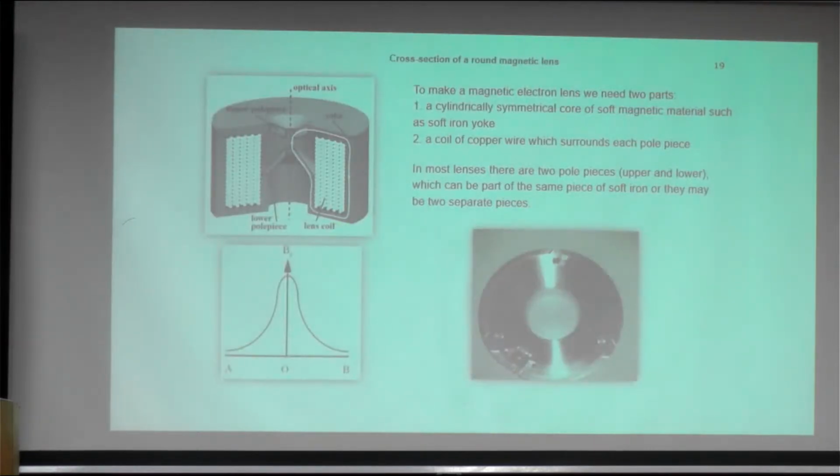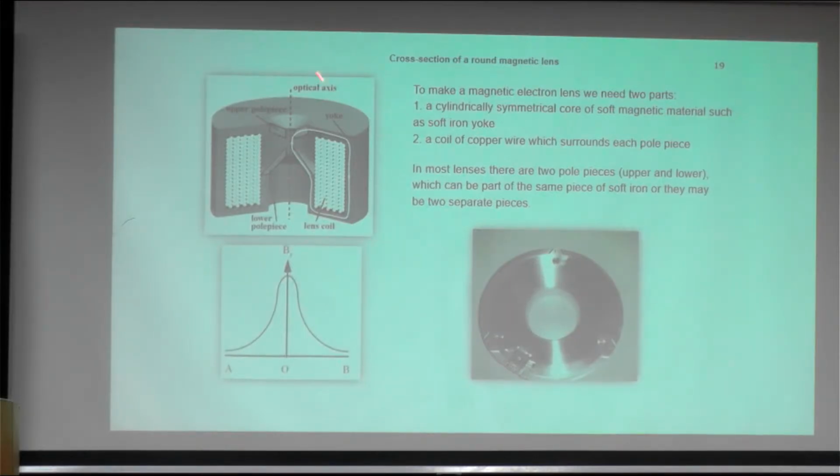So the electromagnetic lenses, how to make them? They mainly consist of two parts: a cylindrically symmetrical core of soft magnetic material, such as a soft iron yoke, and second, a coil of copper wire which surrounds each pole piece.